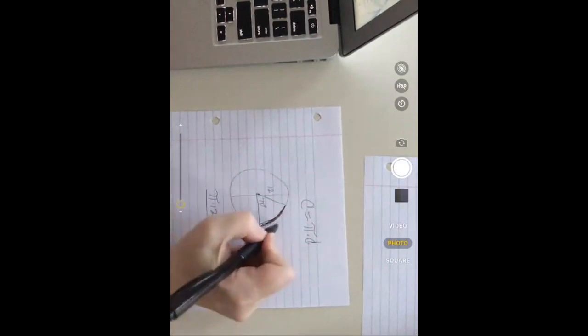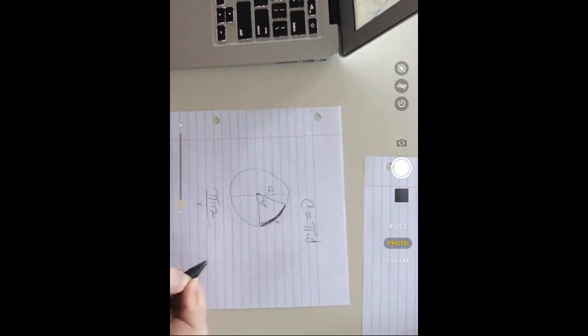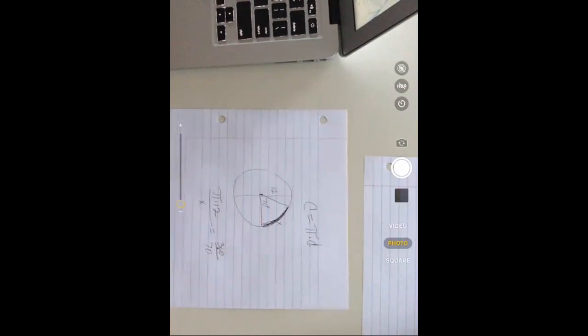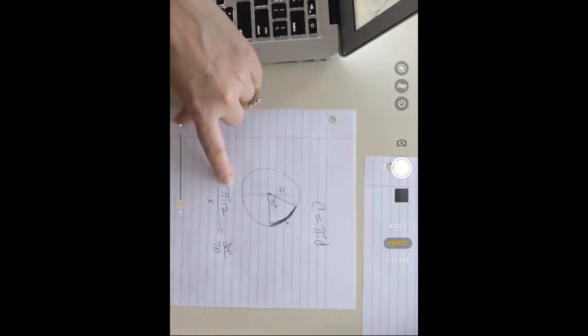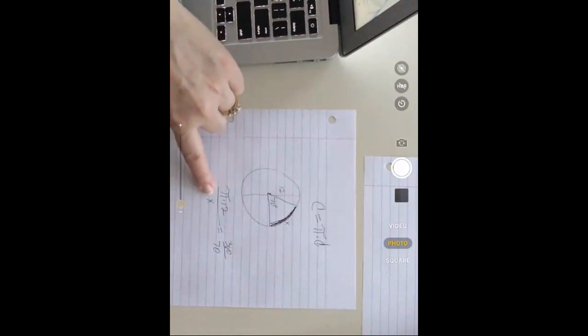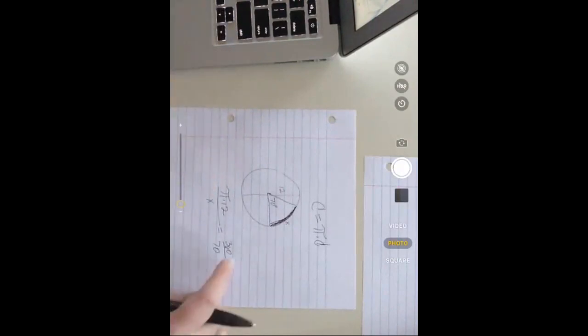The little piece that I want, I'll call that x. All the way around a circle is 360 degrees. The angle for the piece that I want is 70. So I made a proportion here: the whole circle over the piece that I want, and the whole circle, 360 degrees, over the degrees of the little piece that I want.